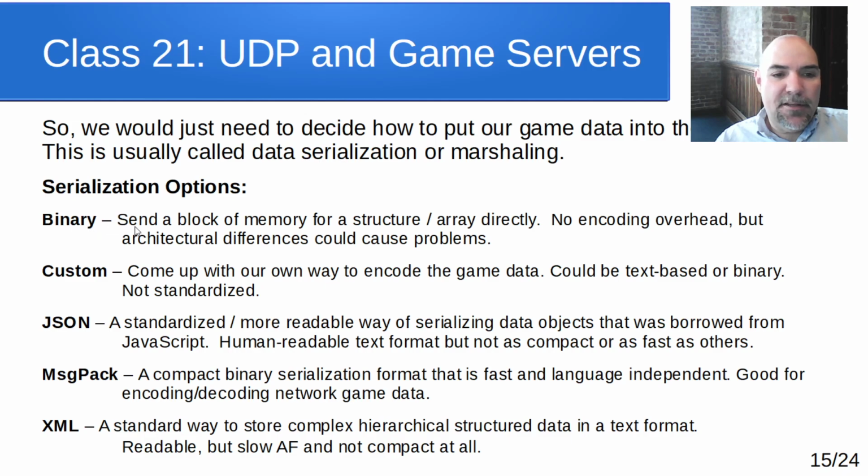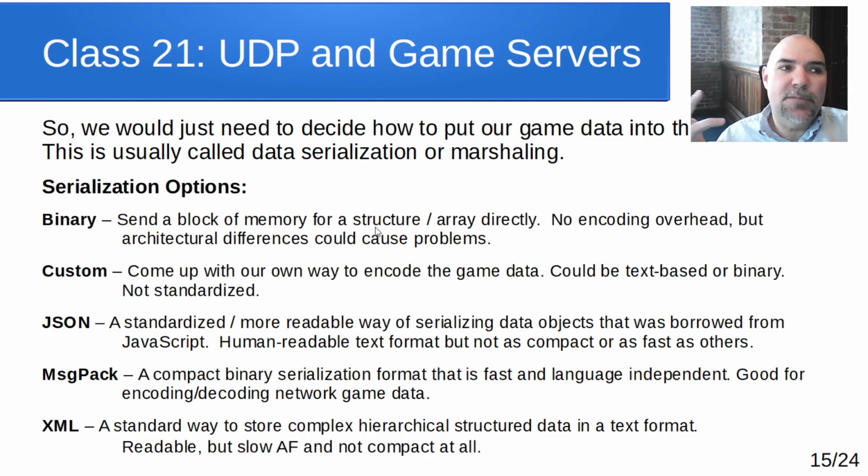One is binary. In other words, you send a block of memory for a structure or array directly. There's no encoding overhead, but there can be problems if you have architectural differences between the server and the client, the two ends. In other words, if one system is little endian, where it's least significant byte, most significant byte for, say, a 16-bit integer, and the other is big endian, where it's most significant, least significant, then when we just transfer that in binary, you're going to end up with the wrong values on one of the two ends.